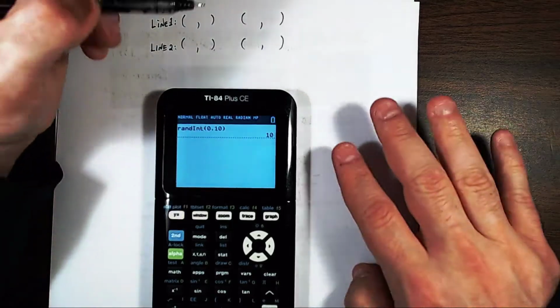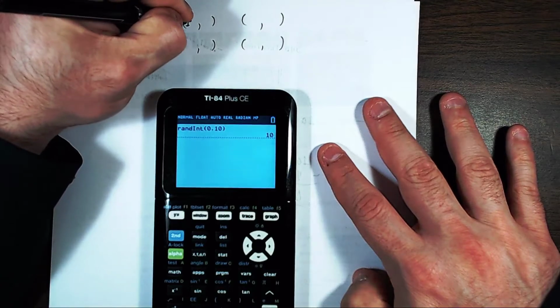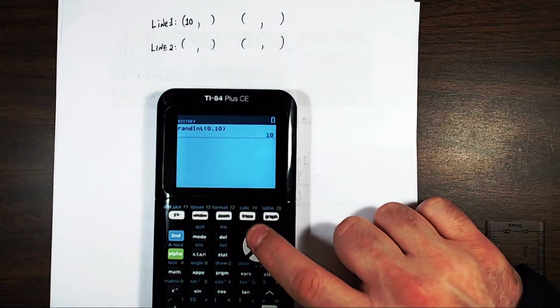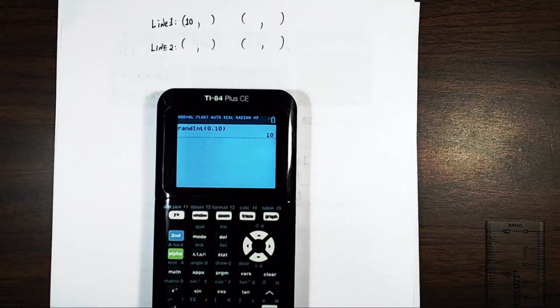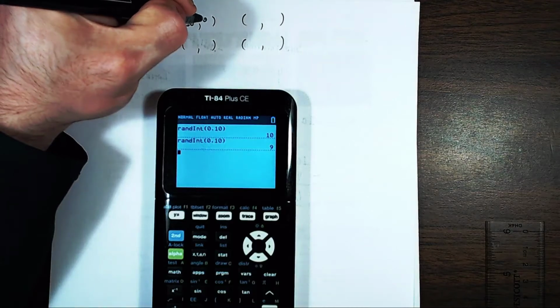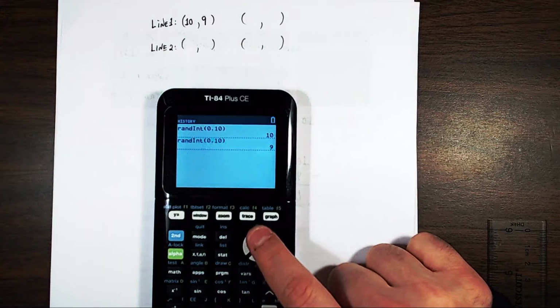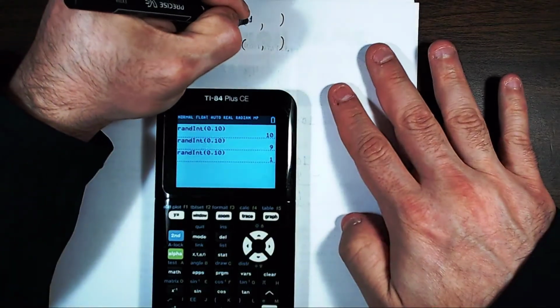In this case, it generated 10. So we're going to put 10 right here. We're going to run this again. So I'm going to hit up cursor until I've highlighted rand int, and run this again. Now I've got 9. I'm going to put that right here. Now I run it again, and I've got 1.